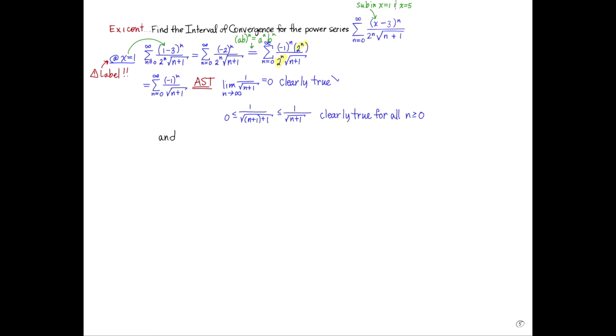This tells us that the sum from n equals 0 to infinity of negative 1 to the n over the square root of n plus 1 converges by the alternating series test.